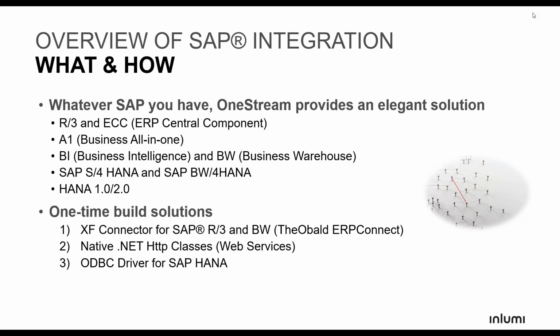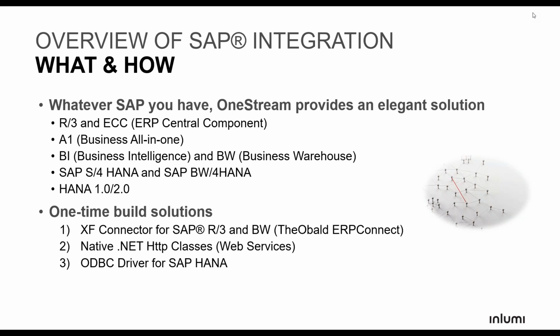It doesn't matter which SAP distribution or module we want to connect, we can extract data from it. So if you have old R/3 or ECC, or maybe you are now on the new SAP S/4HANA, or you just have a BW for HANA, that's possible. That is a valid source for OneStream.